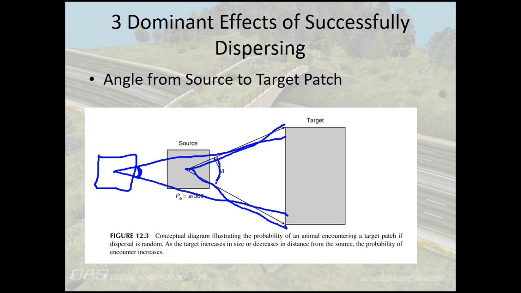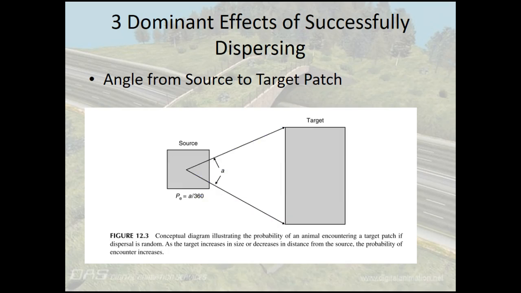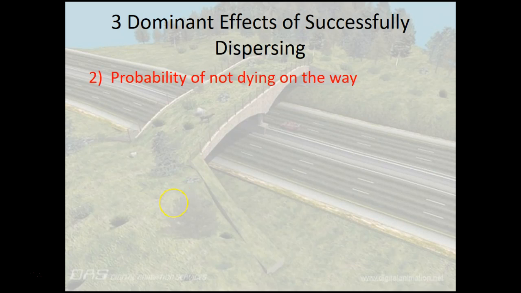The other thing that might change is if my target patch was smaller, then my angle becomes just this little tiny angle, which might be angle C. C divided by 360 would be much smaller than A divided by 360. Whew, that's a mess. So moving on then, that's one of the things that's really important.